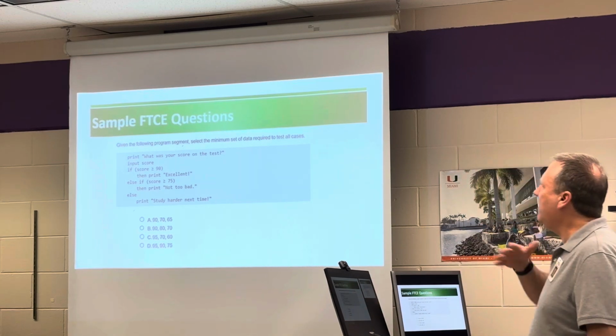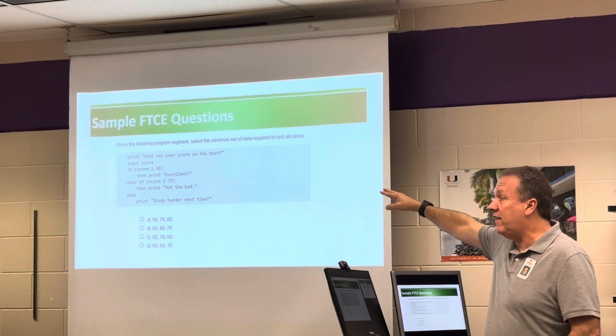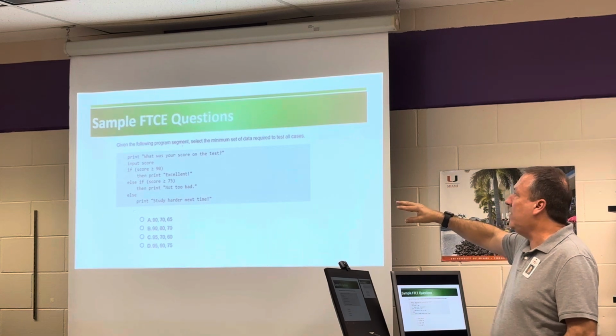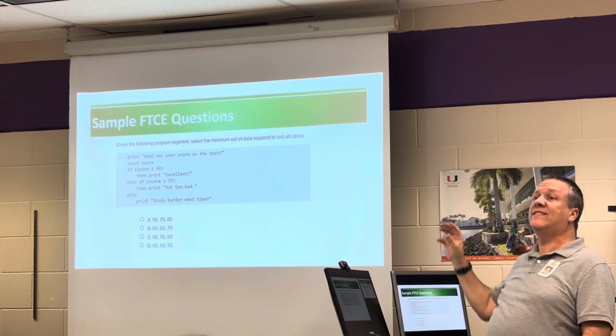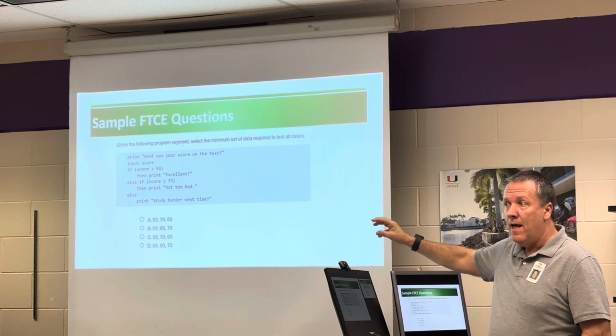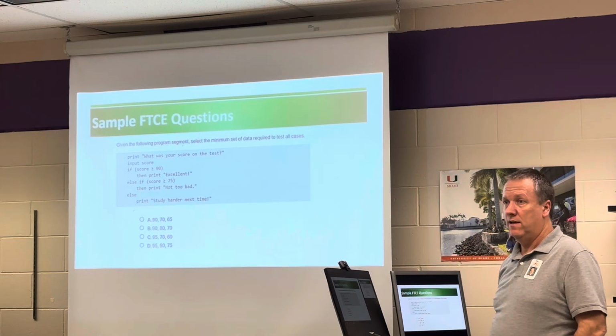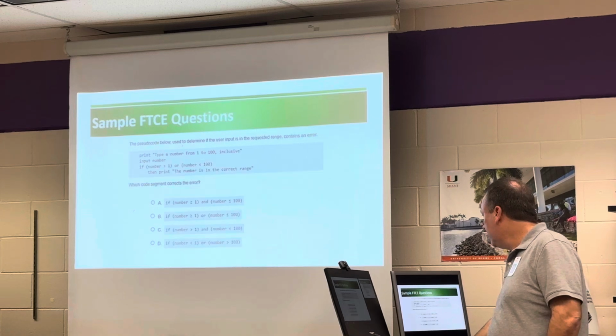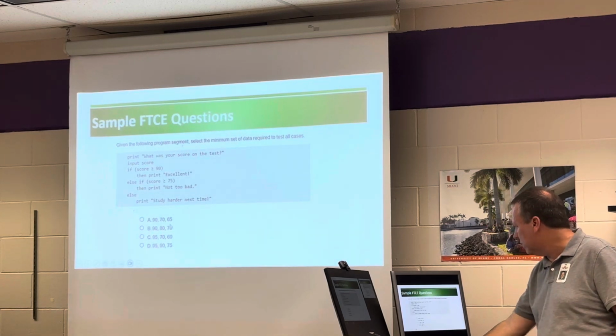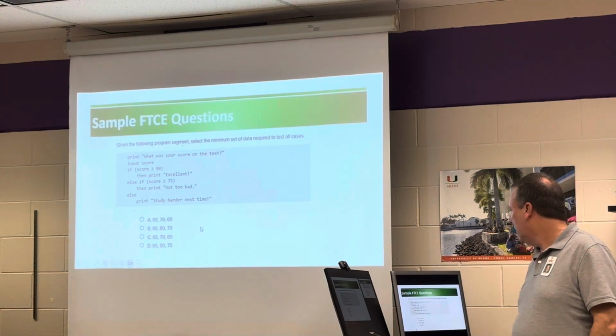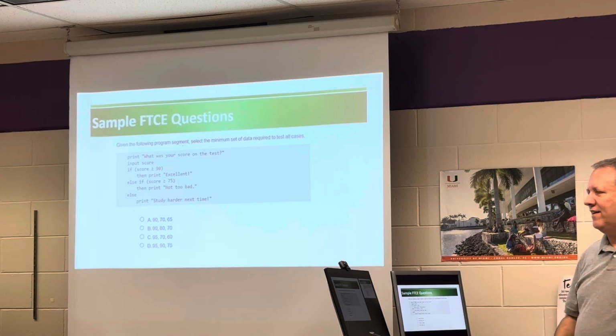So do you agree I would need something greater than or equal to 90? I would then also need something between 75 and 90. And I would also need something that was less than 75. So the answer is B. 90, 80, and 70. Yes?